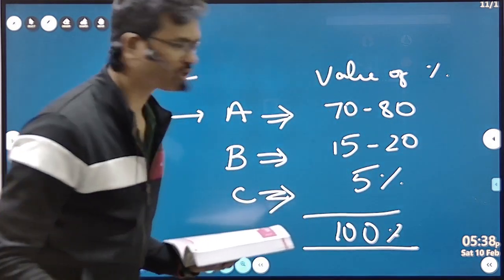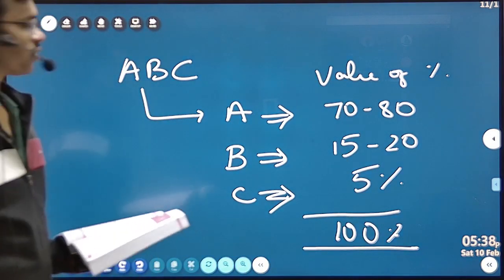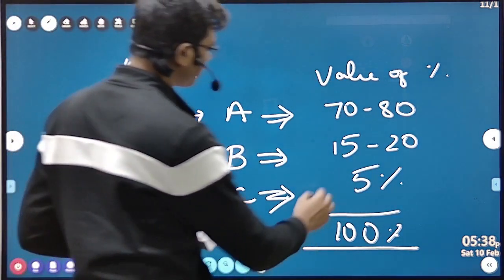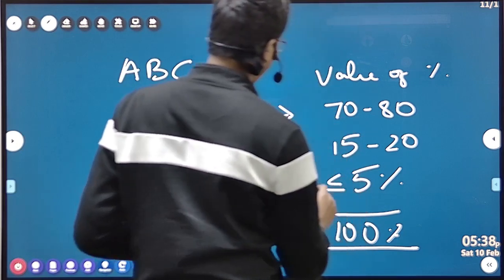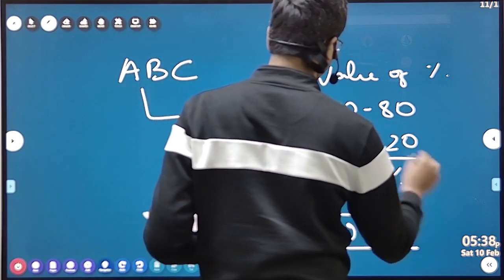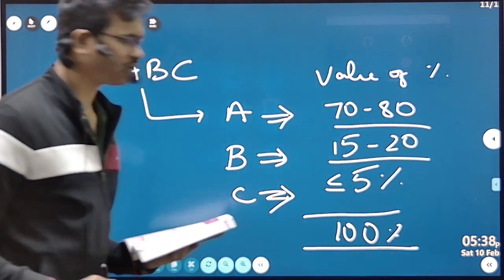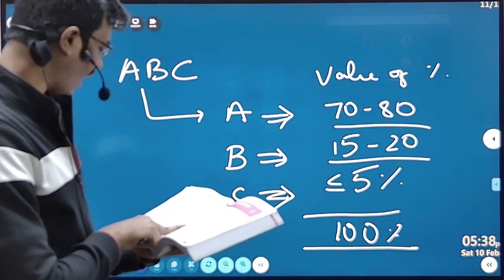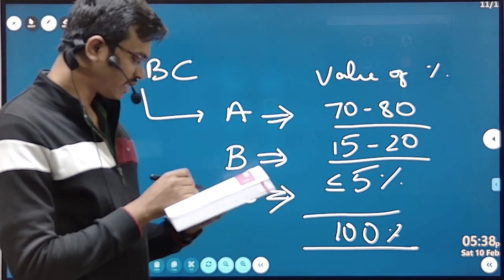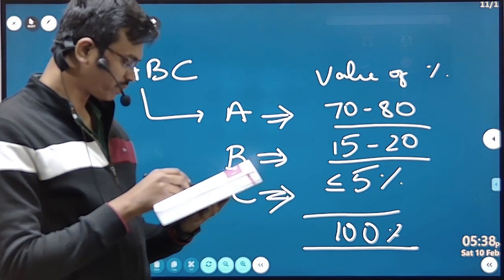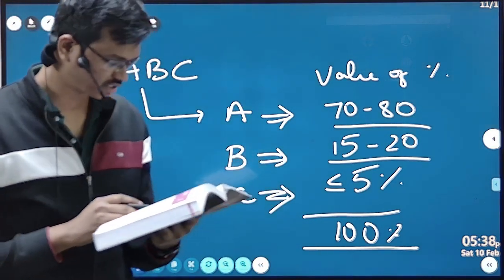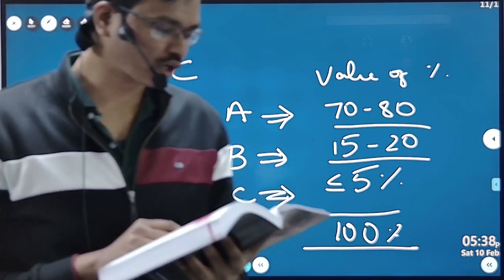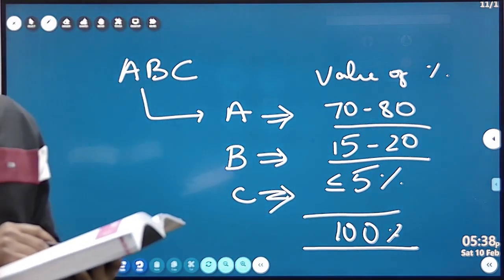Okay, so C will be less than or equal to 5, and A will be in this range. A and B will be in these ranges. Okay, now he has given item numbers, and he has given the annual usage, and he also has given the percentages.